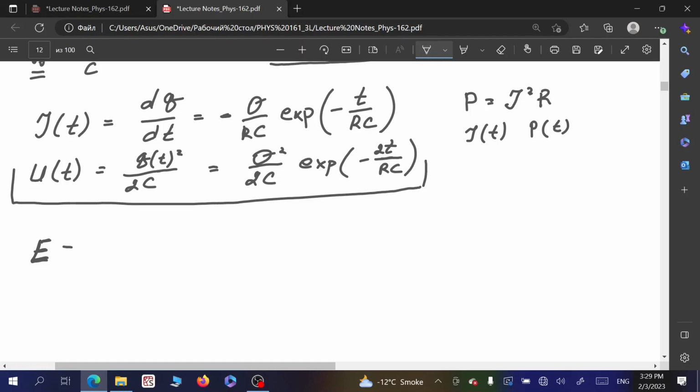Total energy dissipated over this load resistor will give us the integral from 0 to infinity I square times R dt. So we just consider this time-dependent function, means dissipating power over resistor, and integrate it from 0 to infinity. Obviously, if we have infinitely long time interval, this capacitor will have enough time to discharge to 0 in any way.